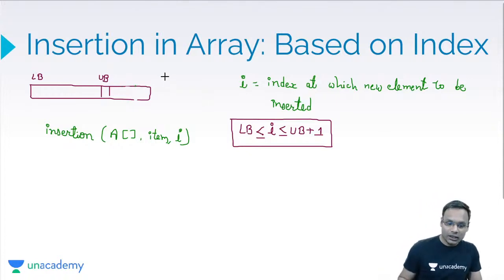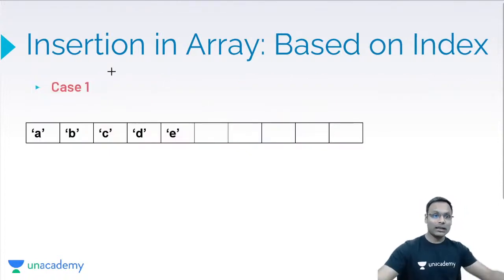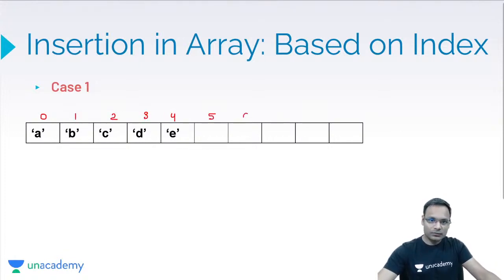Fine. Chaliye. Now let's see different cases. Case number one. You will understand using these different cases how exactly insertion happens. So right now these are the elements. These are the indexes in my array. Given like this, lower bound is at index 0, upper bound at index 4.